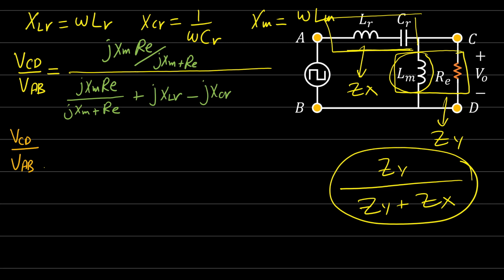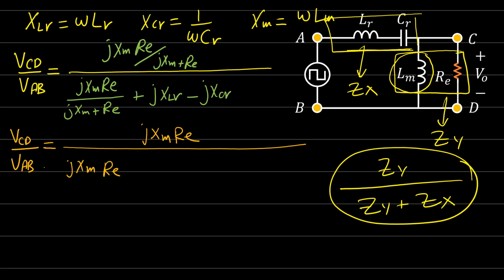So VCD over VAB is equal to how much? If you try to simplify it, you'll find this is jXM times RE over jXM times RE plus jXLR minus jXCR times jXM plus RE.